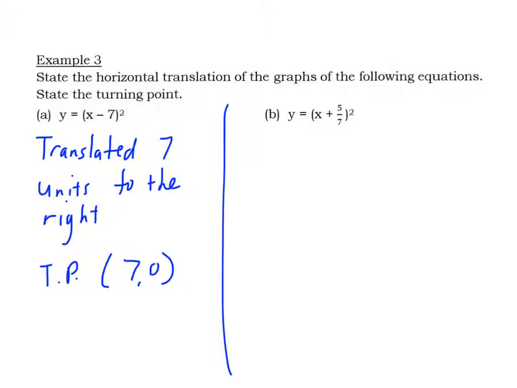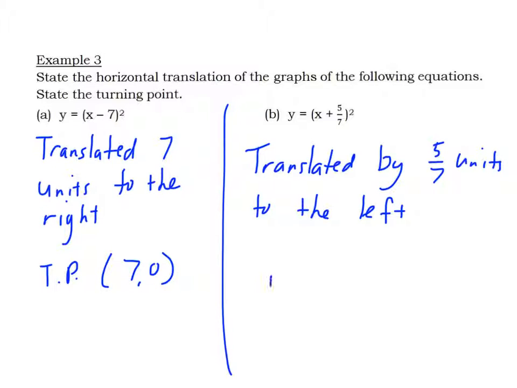Part B, this one is going to the left, and it's going to the left by 5/7 of a unit. So the turning point is negative 5/7, 0.